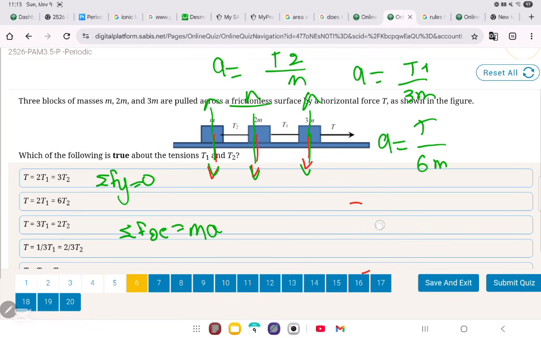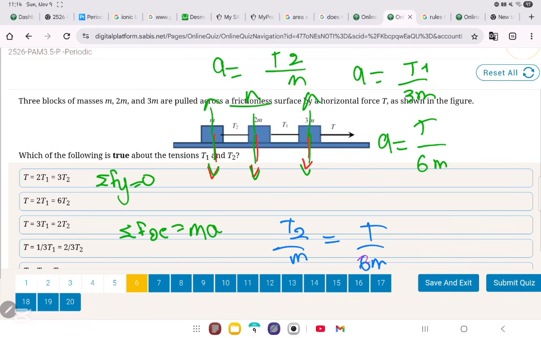Because the acceleration is always the same in this scenario. So T2 over m is equal to T over 6m is equal to T1 over 3m.